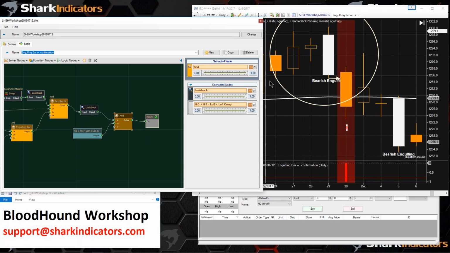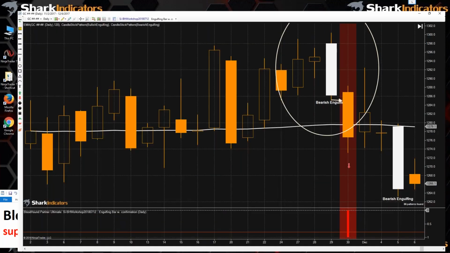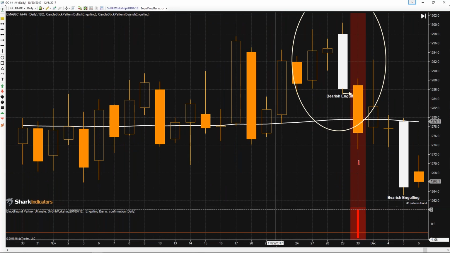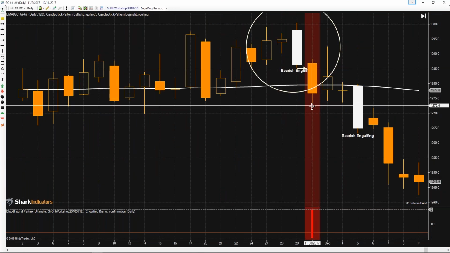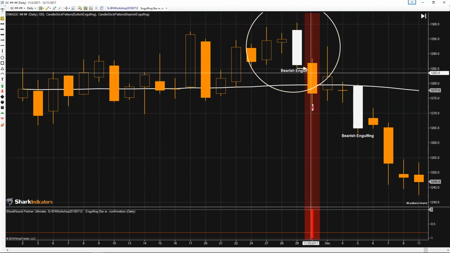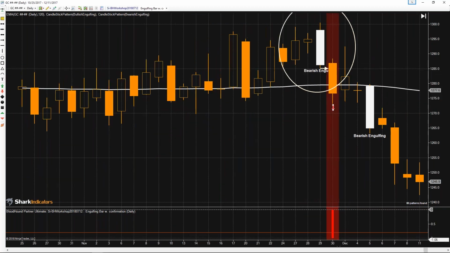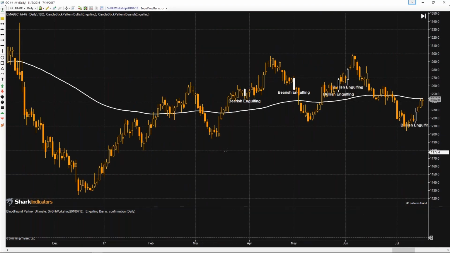So let's verify all this. Let's expand the chart. All right, so we know this confirmation bar. Yep, it's good to go. This is what we're looking for. So let's shrink the chart up here.